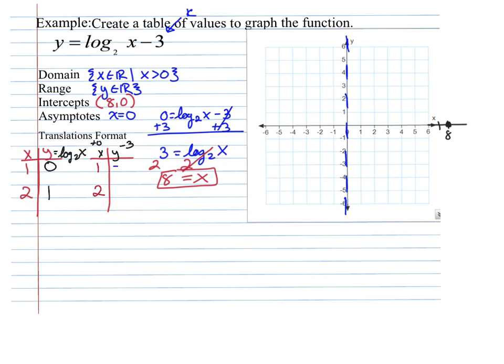So 0 minus 3 is -3. 1 minus 3 is -2. So now we know our other 2 values to make our graph. We have at 1 and then -3, this is 1 point. And at 2 and -2, this is my second point. And my graph should look something like that.